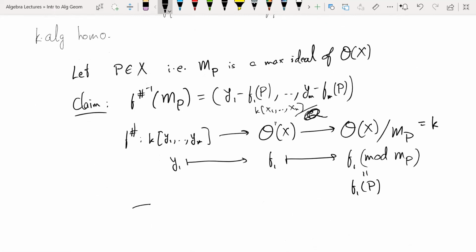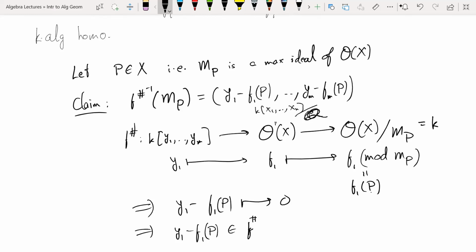So y1 goes to f1(p), so that tells you that y1 minus f1(p), which is an element of the field, will map to 0 under this composition, which implies that y1 minus f1(p) belongs to the kernel of this composition, which is f hash inverse of mp.